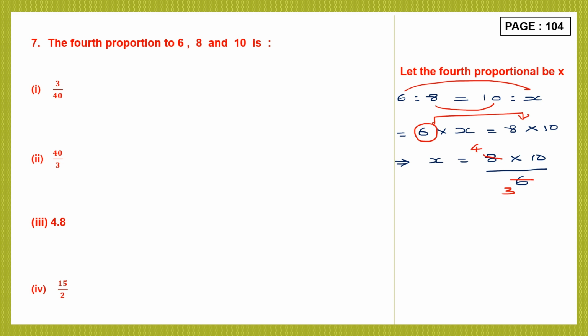Now there's nothing more to cancel. So here I have to multiply my numerators. My numerator is 4 into 10, which is 40, and my denominator is 3. So I have found the value of x to be 40 by 3. And which option is it? It is option 2, 40 by 3. So let's tick that. This is the option. So that is the correct answer.